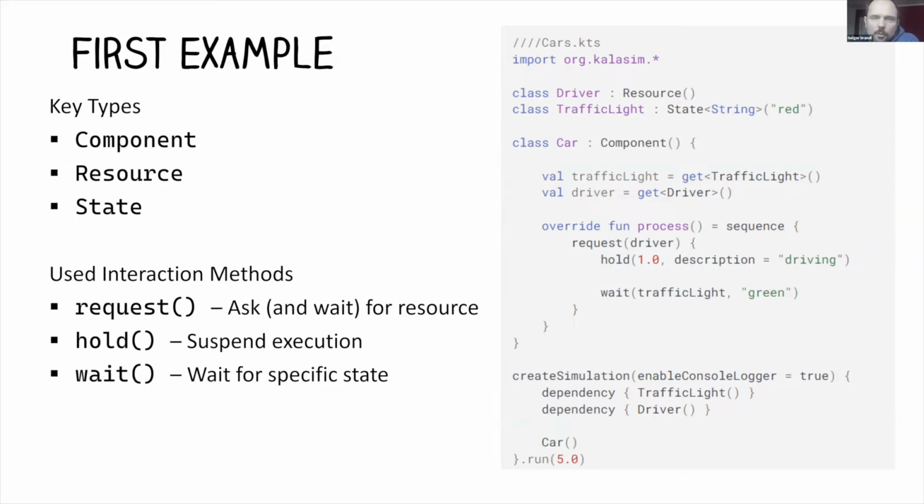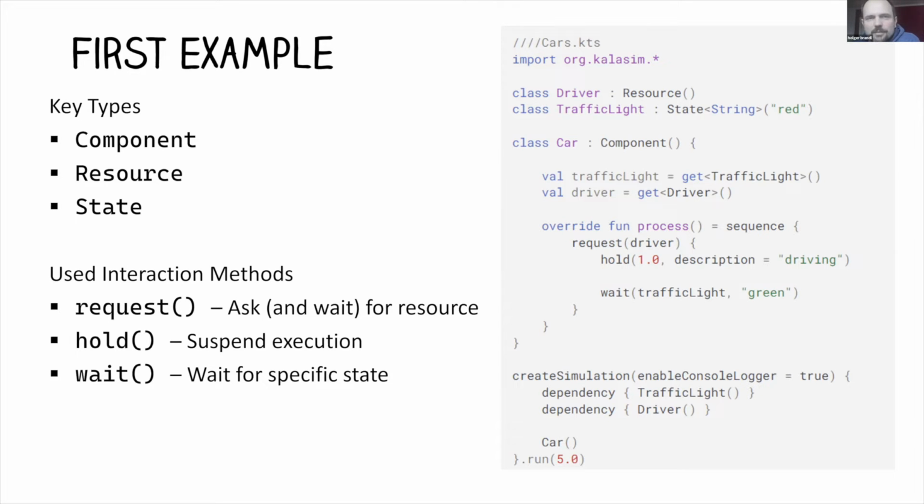I hope you're now somewhat familiar with the Kotlin language, but from what I understood, you had a great lecture in the morning giving you insights about the elements in the language. But feel welcome to interrupt at any time if the syntax is not clear or I should dig a bit deeper. So every car is modeled as a component.